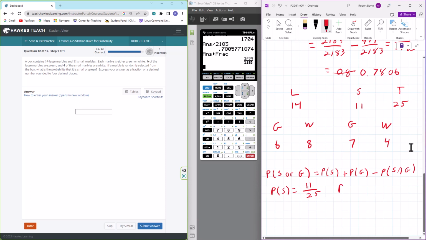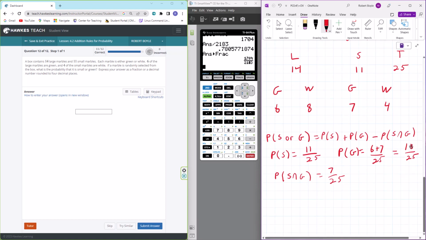The probability of a marble being green is going to be equal to the number of green marbles you have, which is 6 plus 7, divided by the total number of marbles, which is 25. That will be 13 over 25. And then finally, the probability of a marble being small and green, well, there's only 7 of those. 7 over 25.